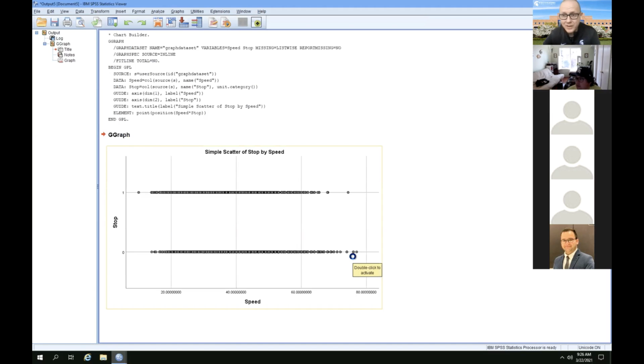We're going to see a similar scenario here where if they're traveling at a very high speed, they're going to be much less likely to stop. So we see a cluster of points. It doesn't look as pronounced, but keep in mind there's a whole bunch of points laid on top of one another here, and we definitely would see a decreasing trend as we move left to right.